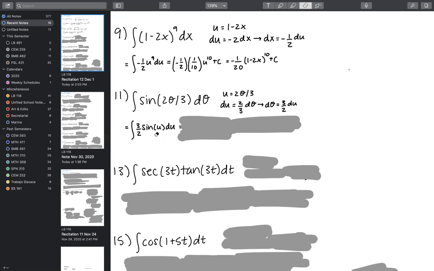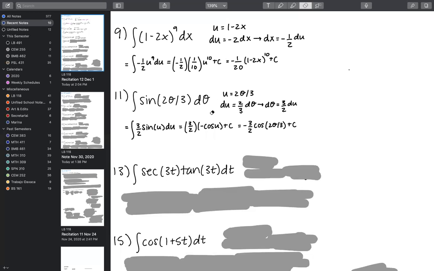At this point, you just focus on sine. You think, okay, I know that the derivative of cosine is negative sine. So what would give me a derivative of sine? Negative cosine. We got to add in that negative there in order to balance it out. And so we keep our 3/2, we multiply by negative cosine u, and then we have our plus c here. And the final step, once again, is to simplify and plug in that original u.